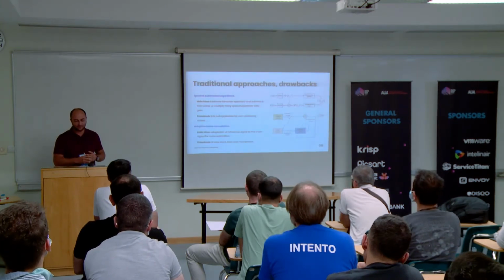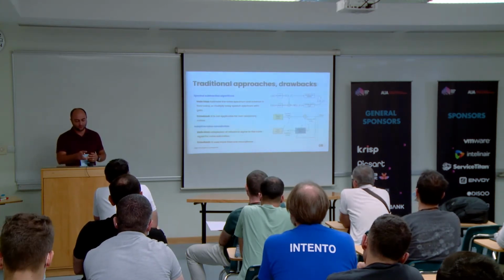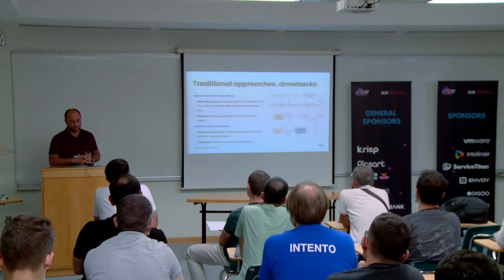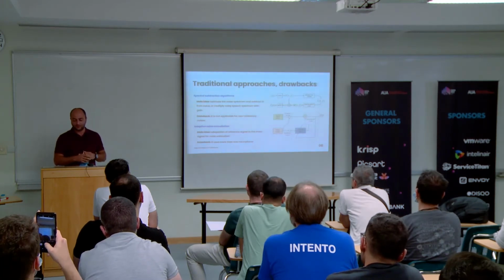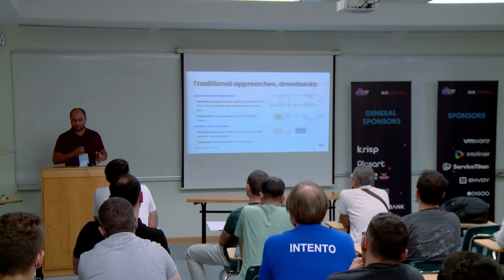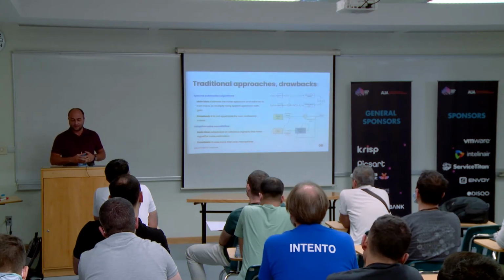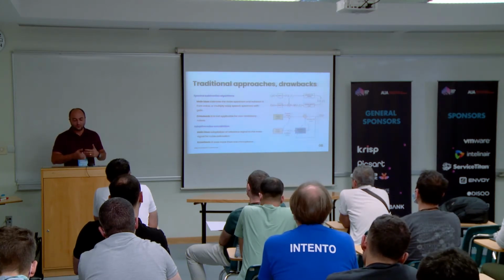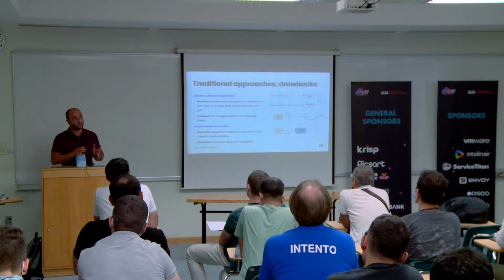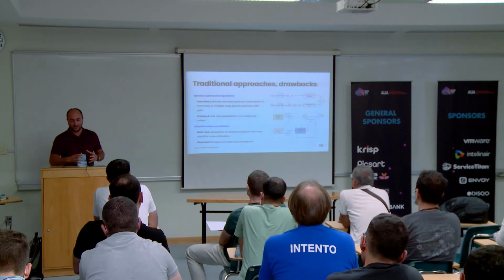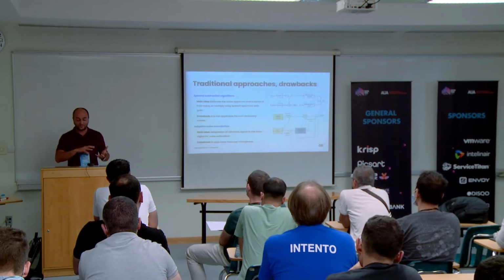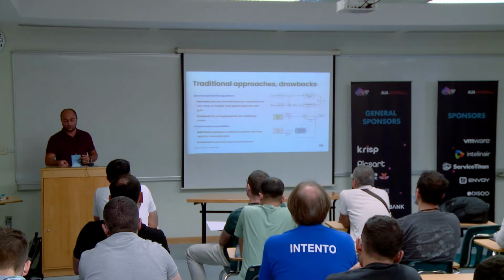Let's have a closer look at two of these traditional approaches. So the first one is called the Spectral Subtraction algorithm. The idea behind this algorithm is that it takes the spectrum of the noisy signal, computes the noise model by sometimes taking the average of several segments of noisy audio, and then, having this noise model approximation, it removes that model from the noisy speech and results in clean speech.